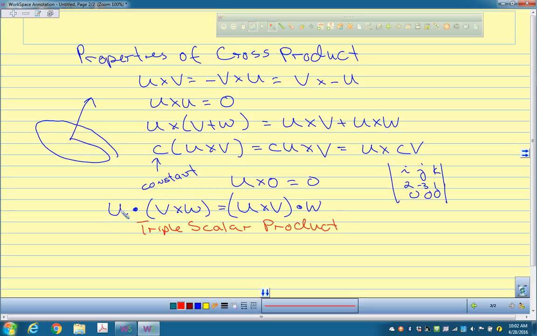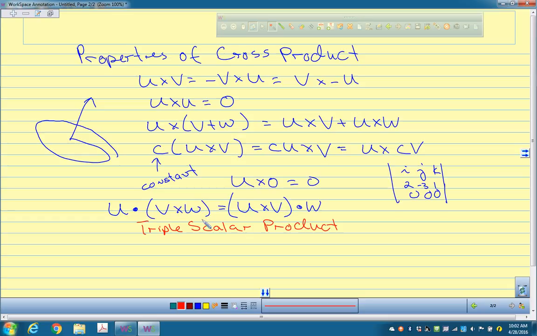If I take the dot product of one vector with the cross product of the other 2 vectors, that's going to be equal to the cross product of the first 2 vectors dotted with the third vector. But again, the order in which you do this is important. With dot products, it doesn't matter which order you do it in, but with cross products it has to go V times W here and U times V here.